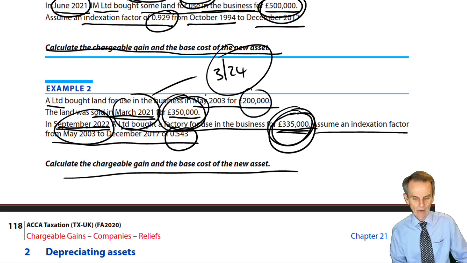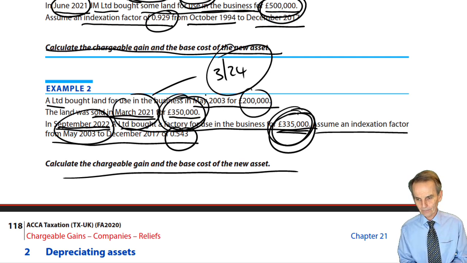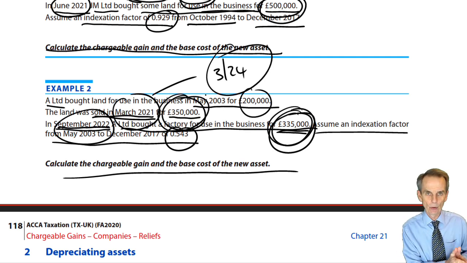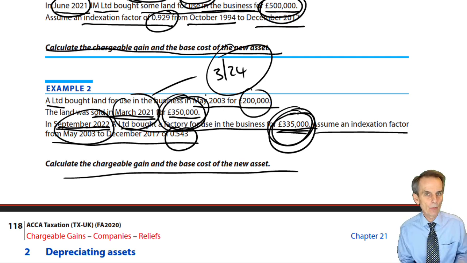The effect of that rollover relief claim, if it is, as it may well be, a long time after the original gain arose, is that by that date we may already have paid the corporate tax that included that chargeable gain. Well, it's not a problem.